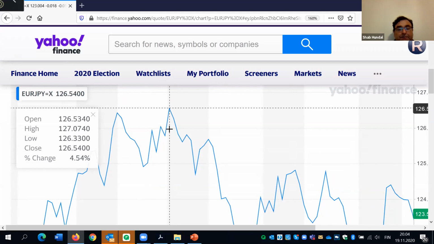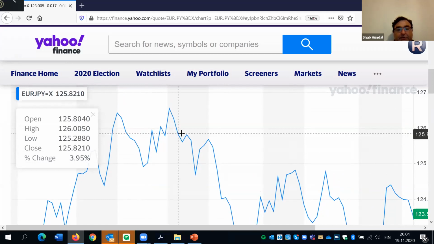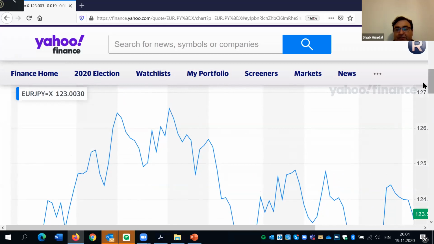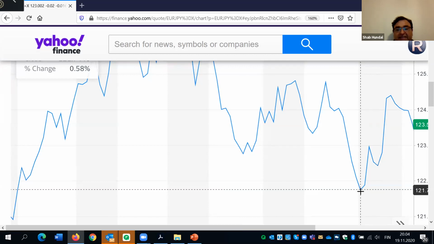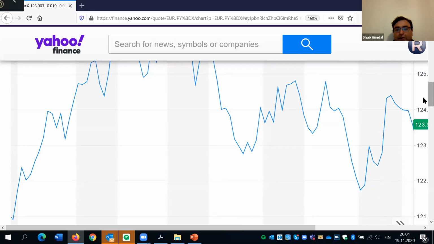At this time, the value of the euro in Japanese yen was very high, but then it was going down. And at some stage, it went very down, actually. You can see here, look, massively down. And how much was this, actually?